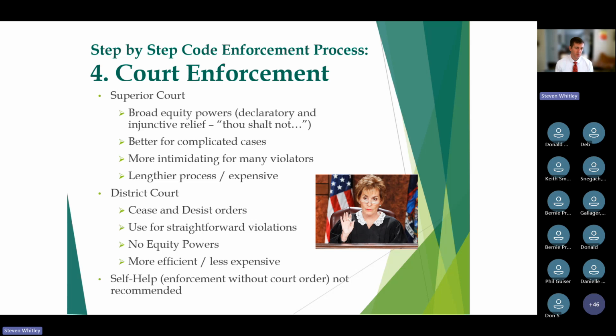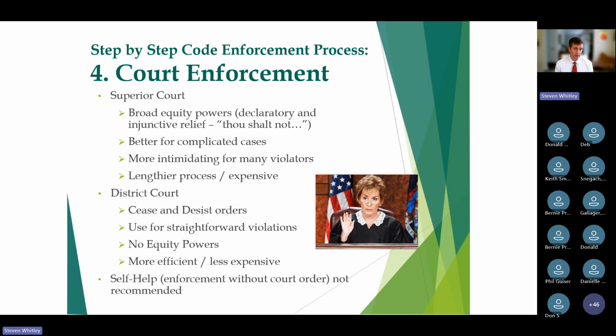So when you have to take the next step and go to court, you're probably looking at Superior Court. This is not necessarily for an appeal of a land use decision, but for enforcing the building code or dealing with someone who is not compliant with a land use decision that's already been rendered.